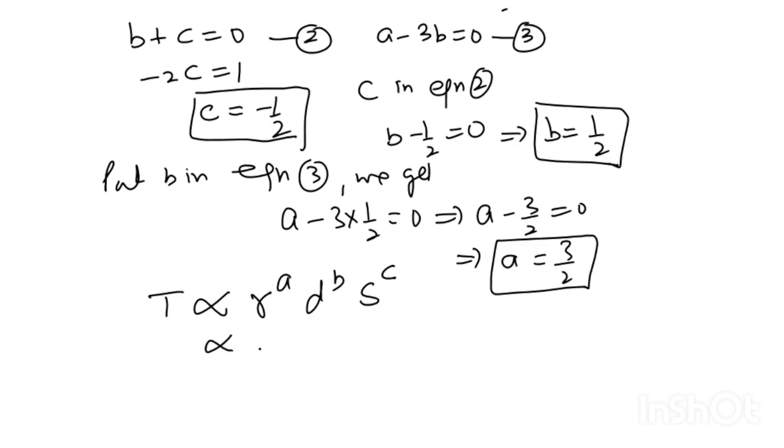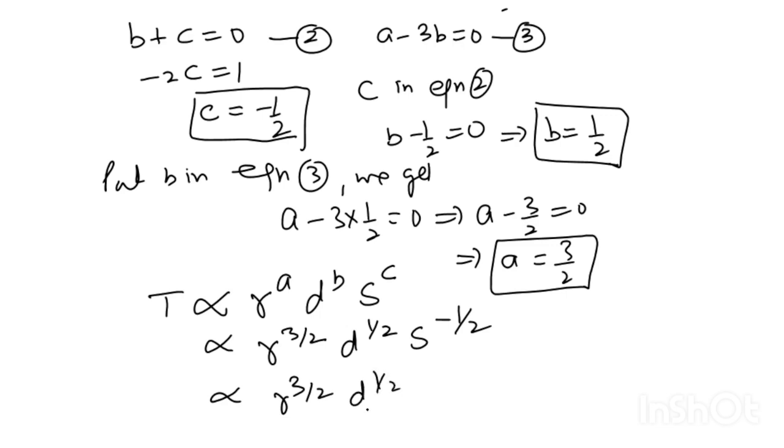So this is proportional to R power 3 by 2, D is 1 by 2, and S minus half. Now we shift S power minus half to the denominator. So R power 3 by 2, D power half upon S power half. This is T. So all the terms contain power half.